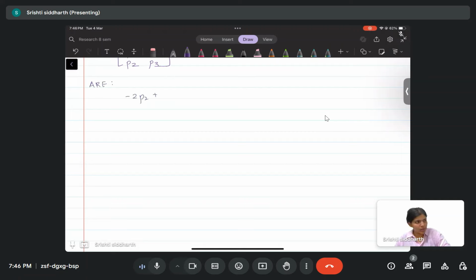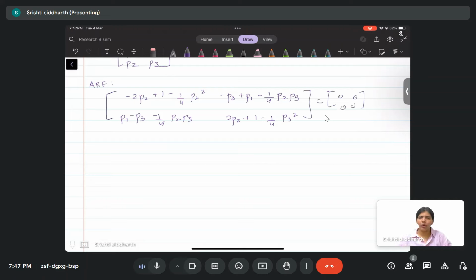Minus 2p2 plus p1 minus 1 by 4 p2 squared, minus p3 plus p1 minus 1 by 4 p2 p3, 2p2 plus 1 minus 1 by 4 p2 squared. And then this should be the zero matrix. And you can find out what P1, P2, P3 are.